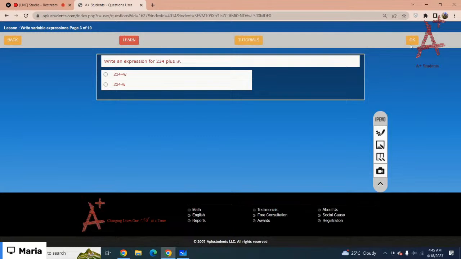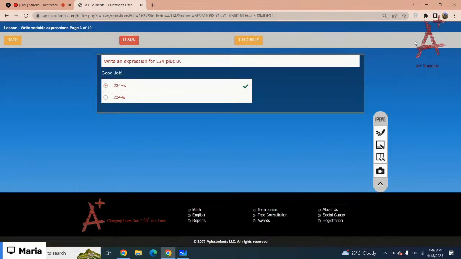Write an expression for 234 plus w. So which is the correct option? That means you have to add. Got it? So option number 1 is the correct option. 234 plus w.